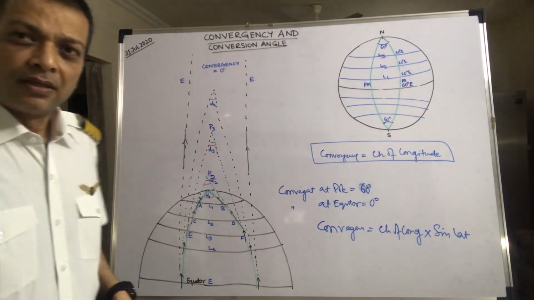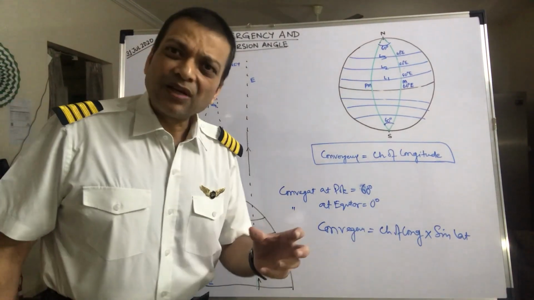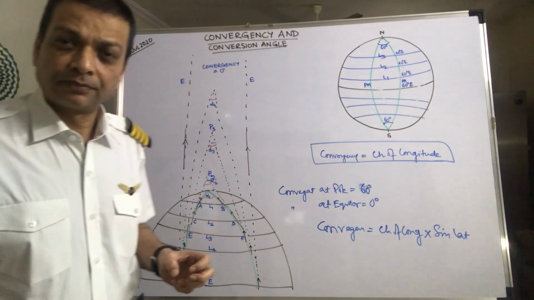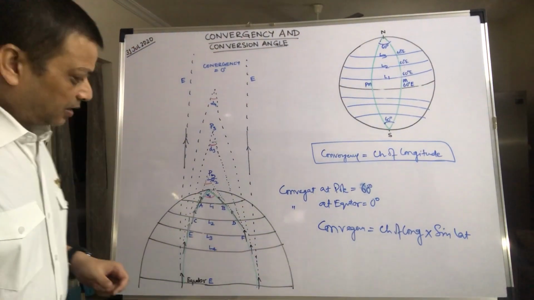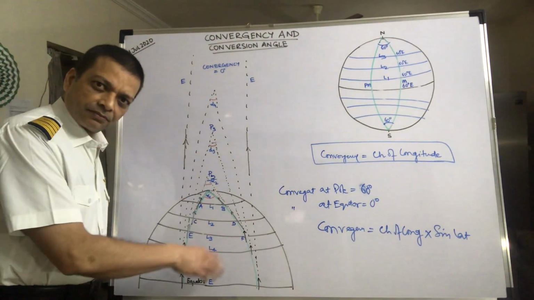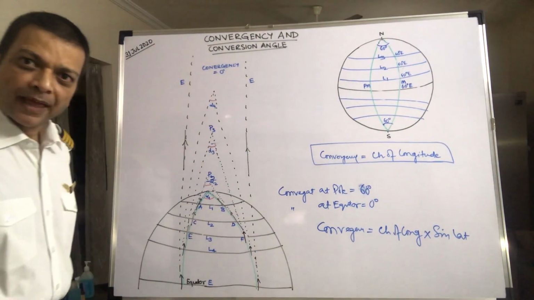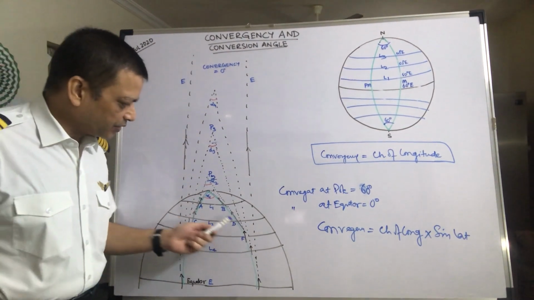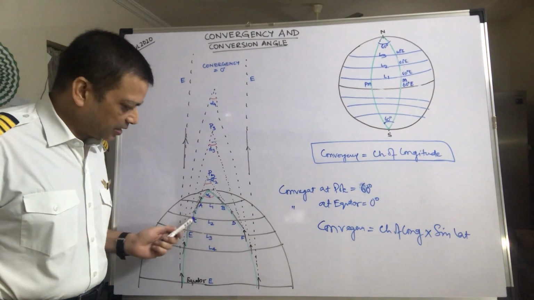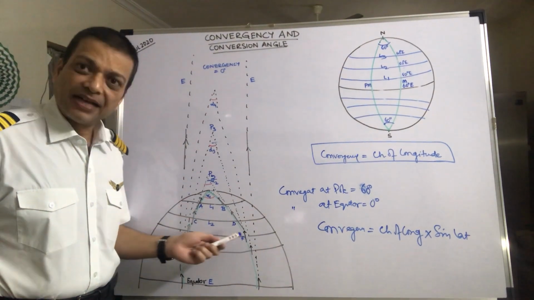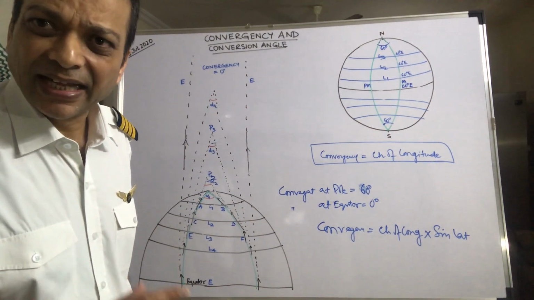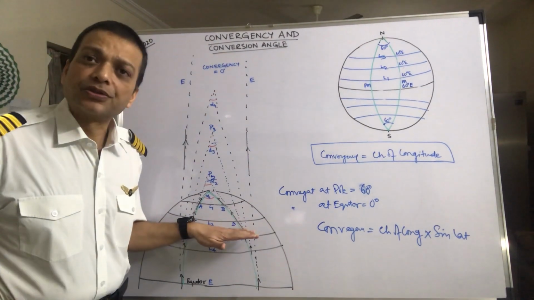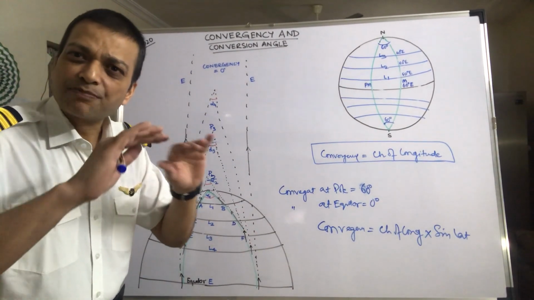Now again, there is something which is still lacking behind. Now what is that? If you see this diagram, here the points which were A, B, C, D, E, F, these points were taken over latitudes, one specific latitude.